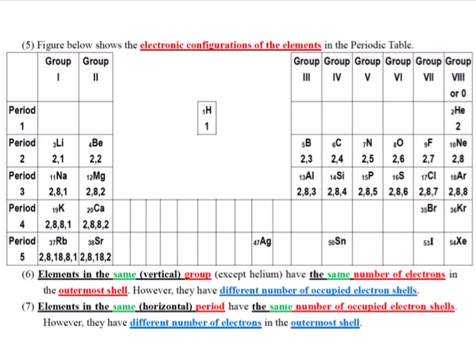Firstly, for the period number, for example, period 1, what is meant by period 1? If the elements are in period 1, that means they have just one occupied electron shell. What is an occupied electron shell? That means they have only one electron shell that has electrons.